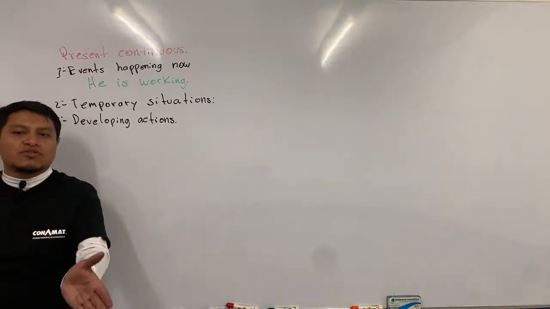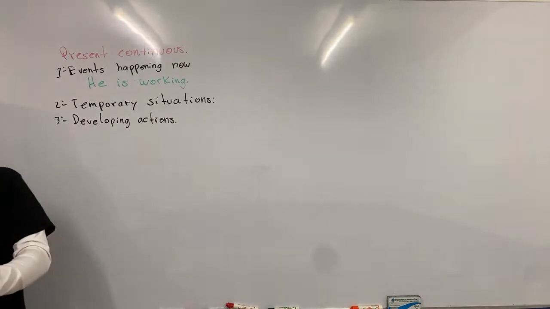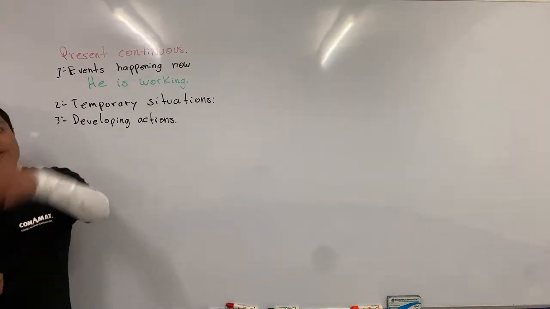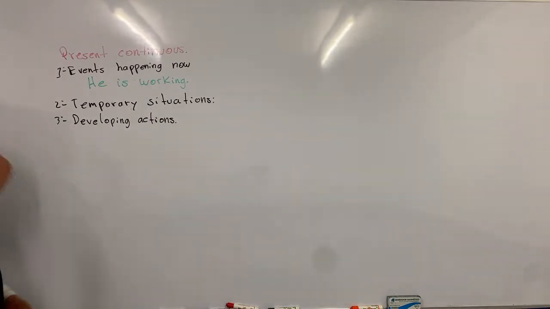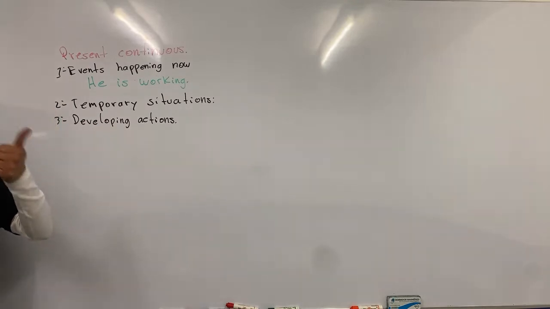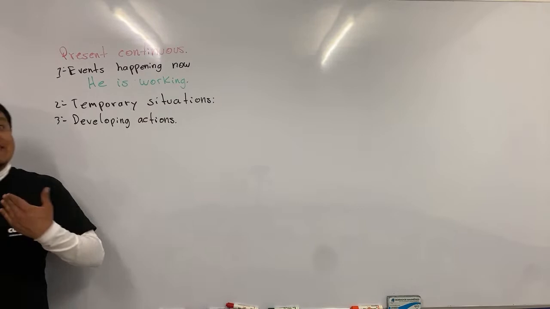Now, this structure refers to actions which are changing with time. For example, my drawing is getting better and better. Repeat the whole sentence. This structure is referred to actions which are changing with time.